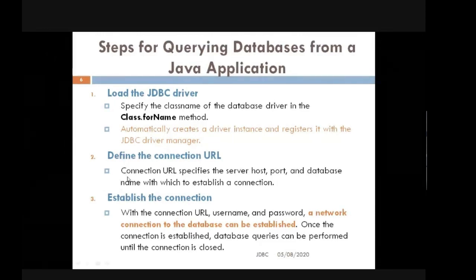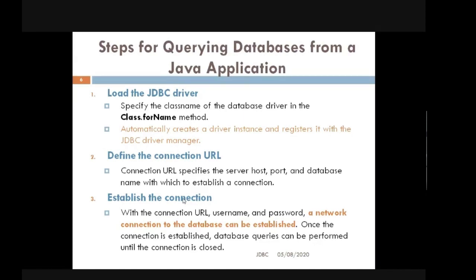So after defining the URL, you have to establish the connection through the open method. You have a method in the connection class, and I will show you the different methods. One of the methods is open, through which you will be establishing a connection to your backend, that is the database.